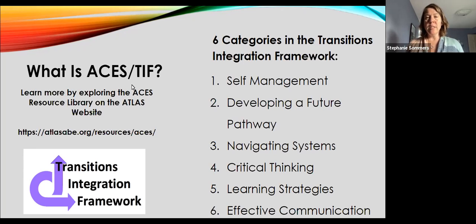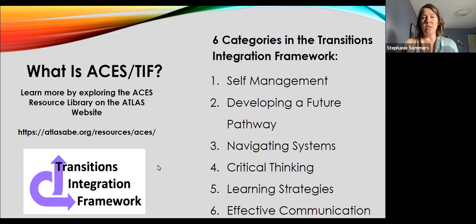And if you look inside, you'll see that it contains 6 categories of skills that we consider really essential for adult learners. And when this project was developed, we got input from people who work in higher education and the MnSCU system, DEED, and workforce partners.